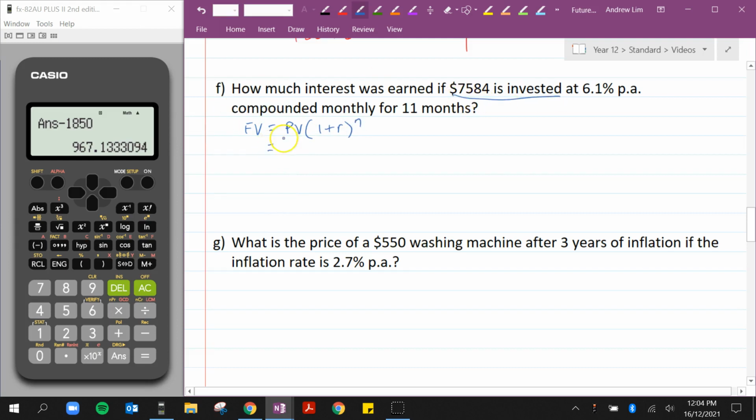This is invested, so that's our present value. The rate is 6.1% compounded monthly, so 6.1% divided by 12. Now this says for 11 months. So they are technically the same units, compounded monthly and for 11 months. So I don't need to times that 11 by anything.